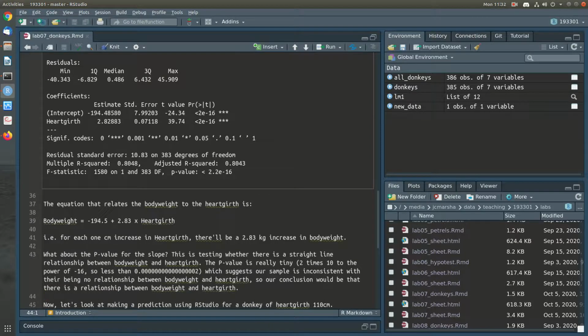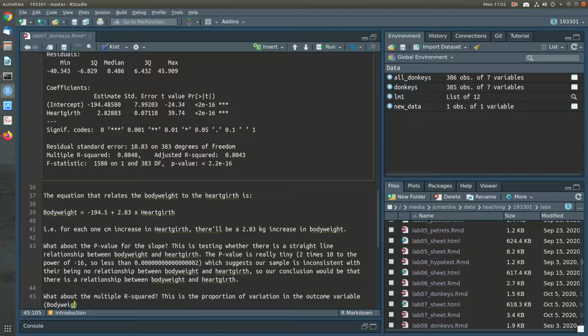What about the R squared value, this thing here? So what's this R squared? Well, we haven't talked about that yet. This is the proportion of variation in the outcome variable, which in this case is body weight, explained by the model, which in this case is heart girth.